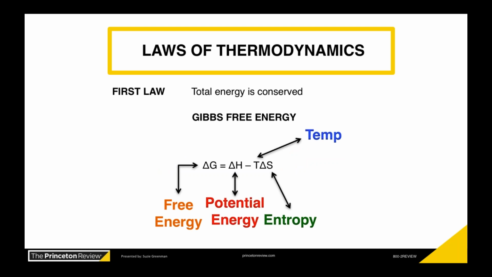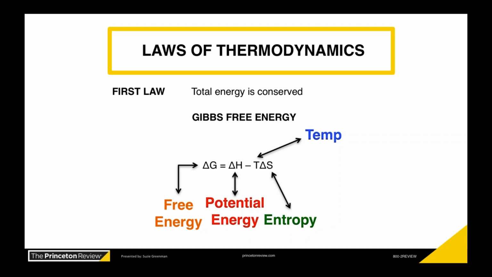It is the potential energy that exists within the bonds that when those bonds break, that energy is released in the form of heat. So instead of thinking about it in terms of enthalpy, let's think about it in terms of potential energy. We can think about the energy stored in those bonds as being able to be released and be used for the reaction energy. And what about entropy?